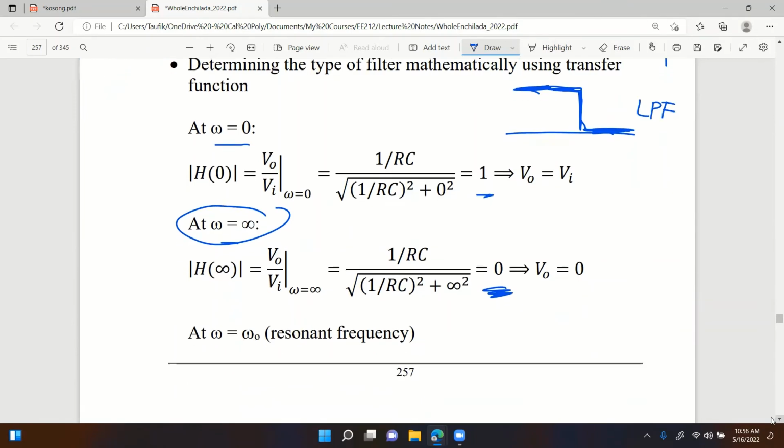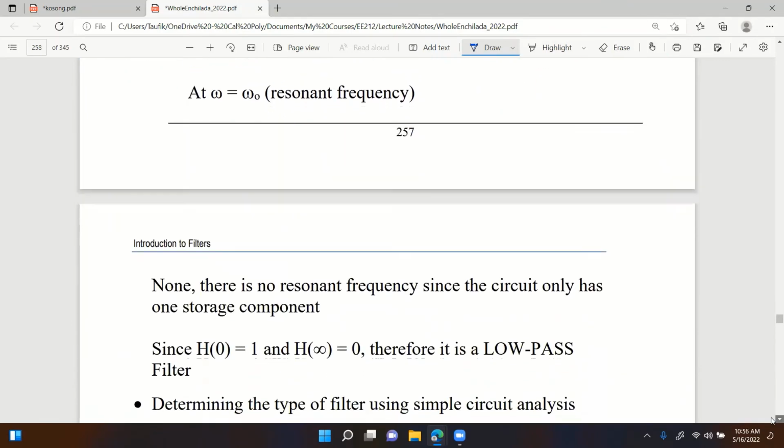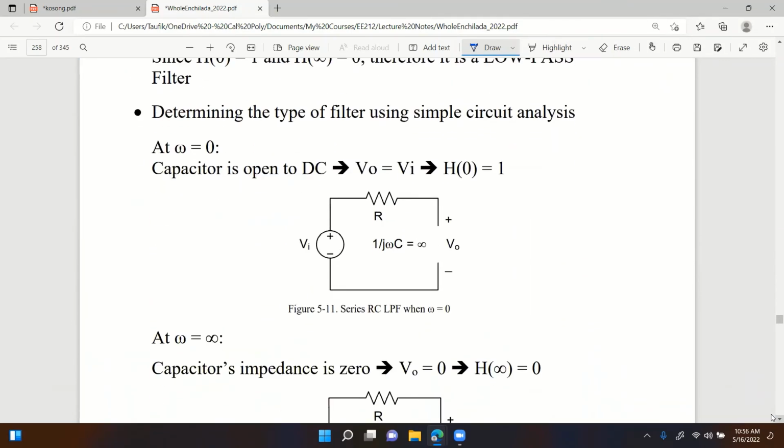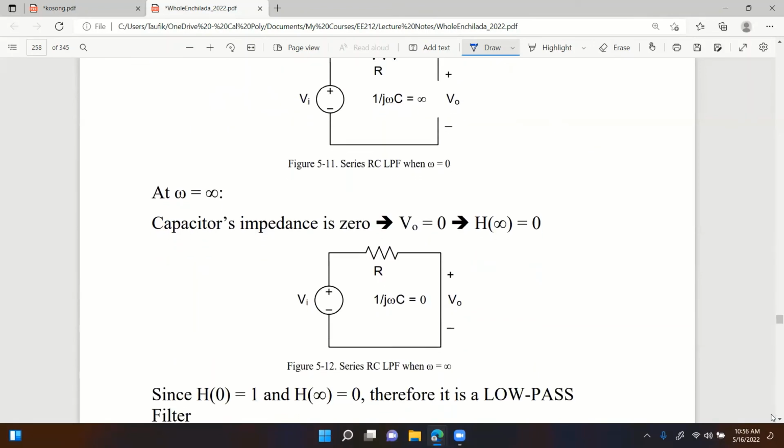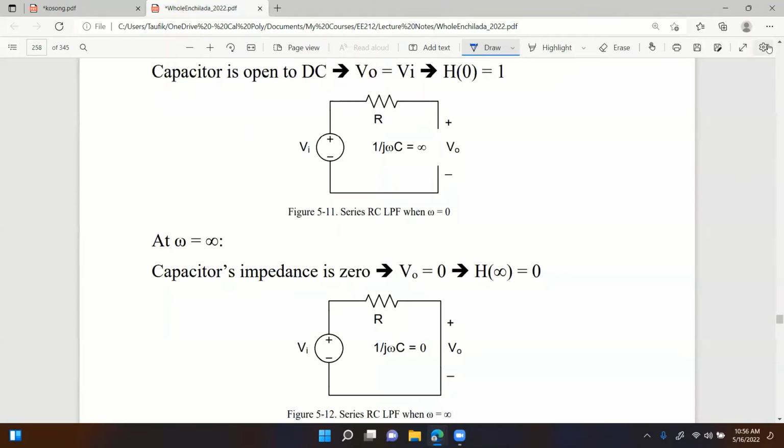And then what is next? What is the second method? You go straight to the circuit. When omega is equal to 0, remember we have R and C. The capacitor acts like an open, becomes infinity.